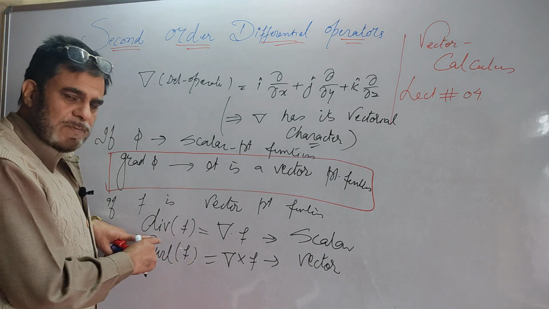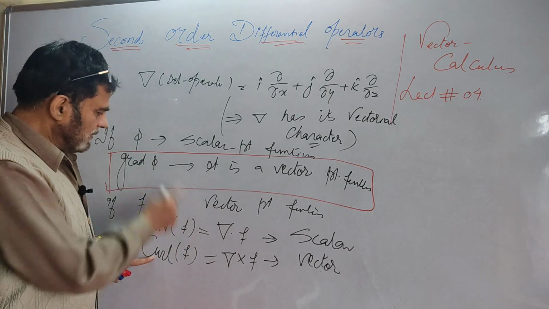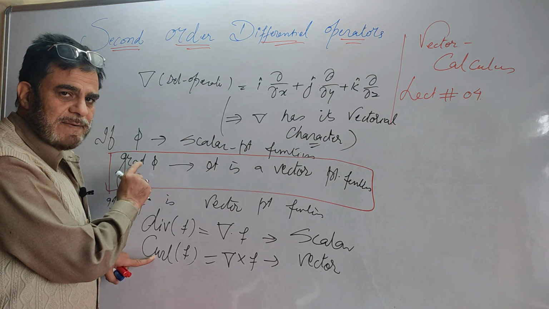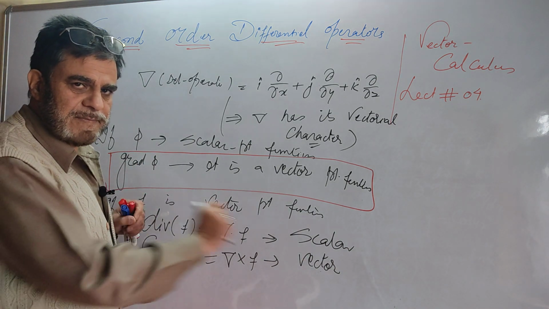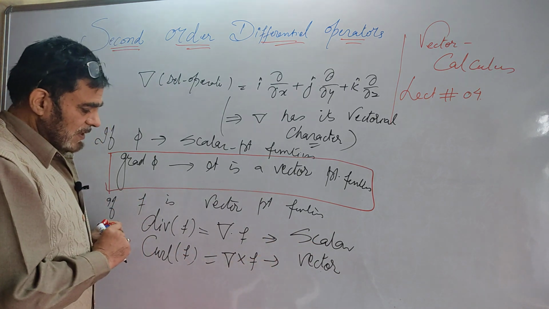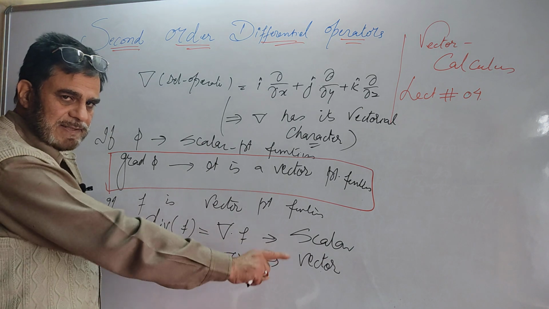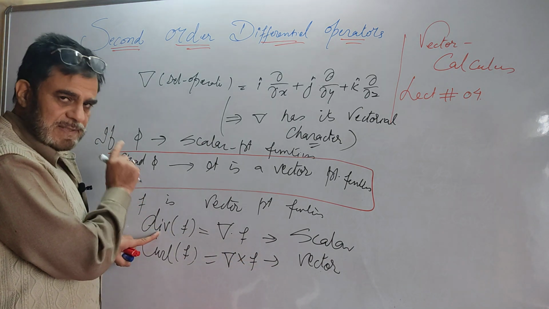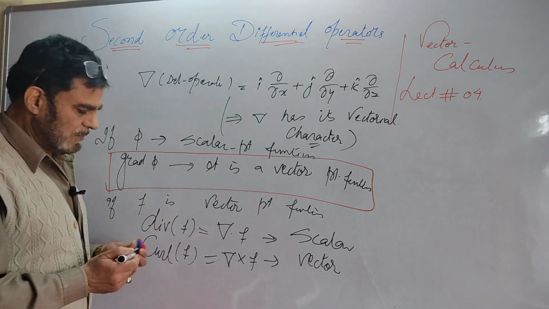Similarly, we will now find the divergence of the gradient of phi and the curl of the gradient of phi, because the gradient of phi is itself a vector. The divergence of a vector is of course a scalar. Let us perform these results.